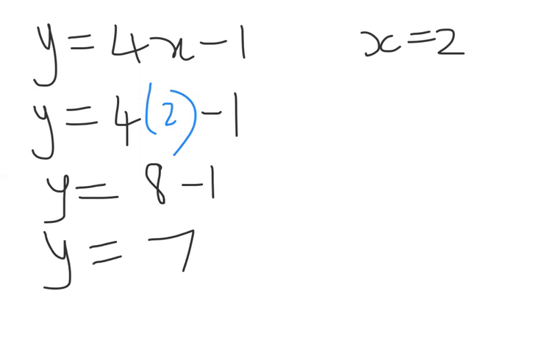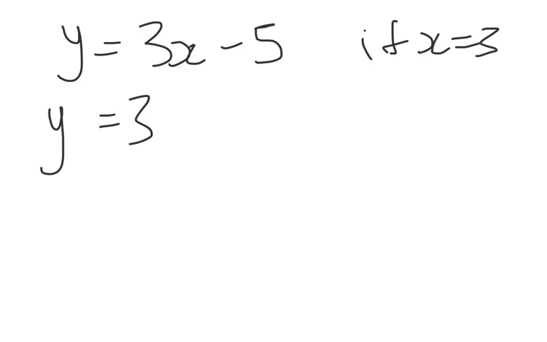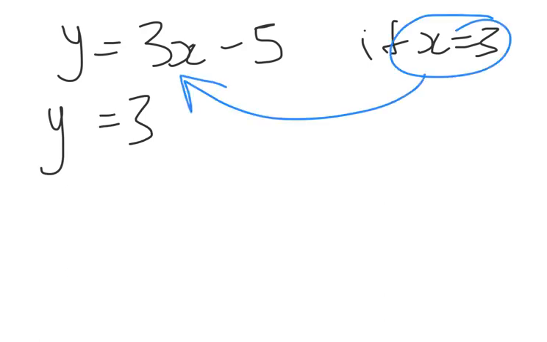Let's do 2 more. Then we are complete with this. Then you know the basis of algebra. y equals 3x minus 5, and substitute if x equal to 3. Wherever we see an x, we're going to put a 3 over there. So let's just do this.